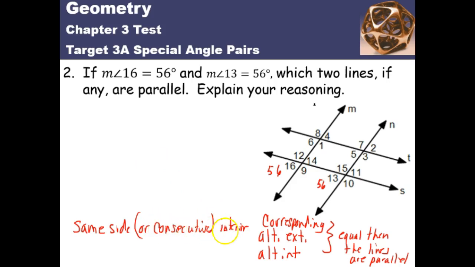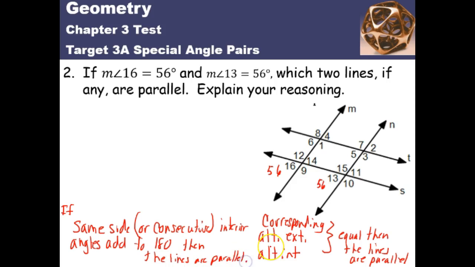So same side or consecutive interior angles add to 180 or are supplementary. And if that is true, then the lines are parallel. So if this adds to 180, then the lines are parallel. So that's a theorem we have.